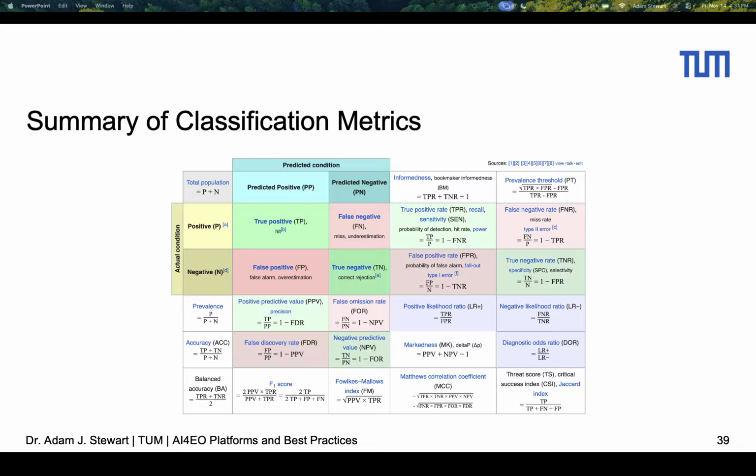Now I know if this number is high, then that's a bad thing, or if this number is low, that's a good thing. So you should know what these kind of mean. You should know where to find them. You should know which things should be low versus high, but you definitely don't need to know all of them. I don't even know half of these. But I've shown you the more common ones, especially for machine learning. So those ones you will see quite often in papers that you might read.